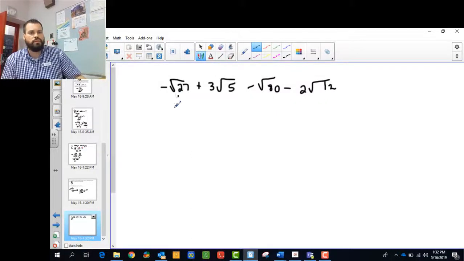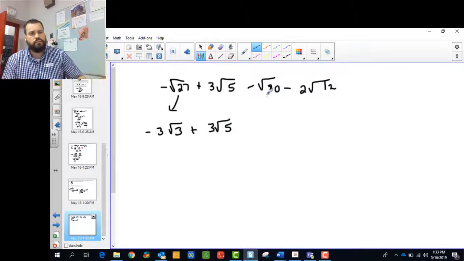But if we look at root 27, we just did that in the previous example, so we can know that that's 3 root 3, and if you're not sure how I got that, just look back a little bit in the video. This is 3 root 5, that's as simple as it gets. Root 80, you can try to figure out a perfect square factor of 80.